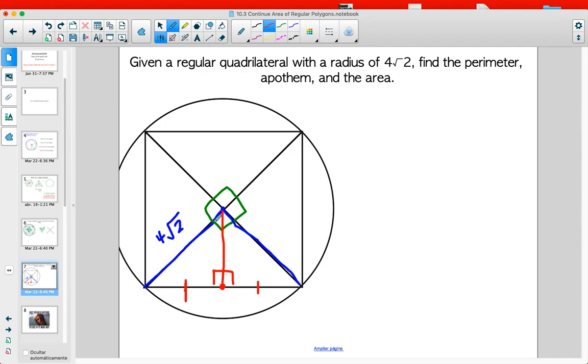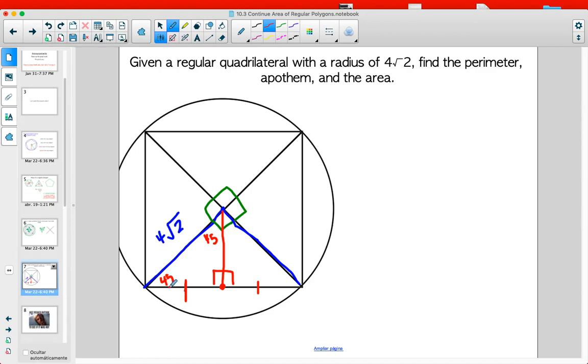Okay, half of 90 degrees. Remember, this whole angle was 90 degrees. And we figured that out earlier. 360 divided by 4 gave us 90. So half of 90, that means that this is 45. Okay, so this is 45. And then look at what we have. We have a 45, 90 plus 45 triangle.